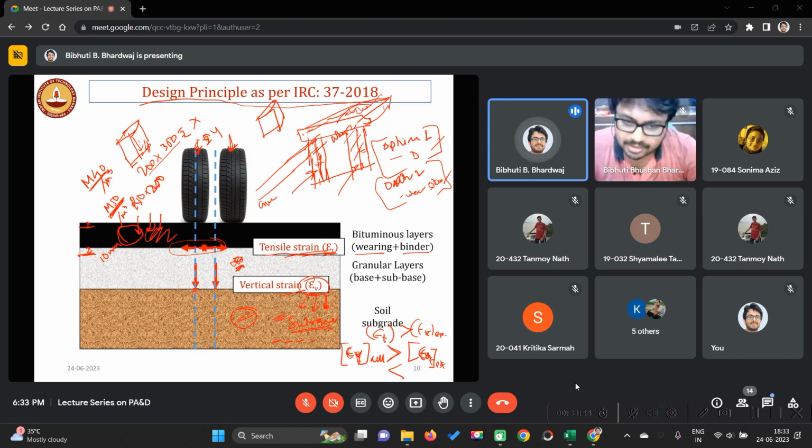For that 100 kilometer stretch, 100 kilometers into 1 centimeter, you will see how much volume of material can be saved. Bitumen is a costly material, so you can find out the percentage of bitumen used here. Like that you can see how much difference it will make. So it's not always about cost, sometimes it's also about the materials.